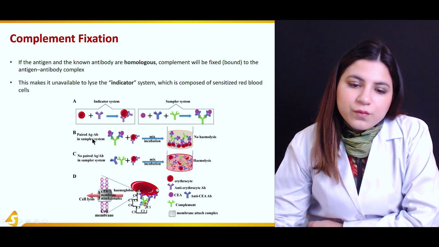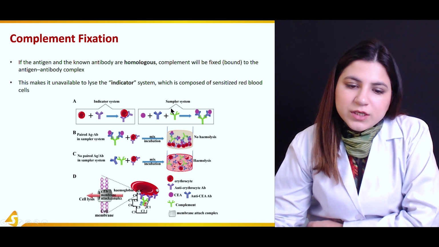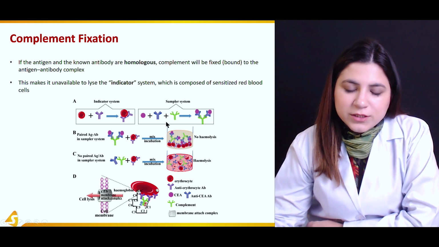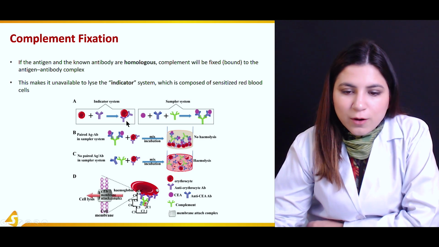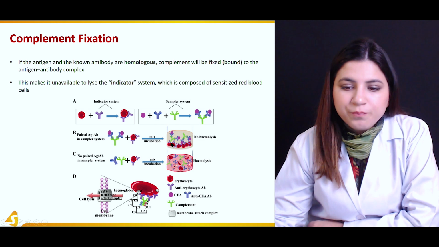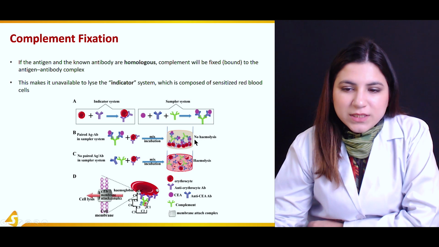So if the paired antigen antibody system is mixed with the indicator system, you mix them and you see that since the complex is formed, the indicator system won't be able to lyse the red blood cells because of this unavailability. And you can see that even after mixing and incubation, no hemolysis can be seen, which means that the sensitized red blood cells are not hemolyzed.